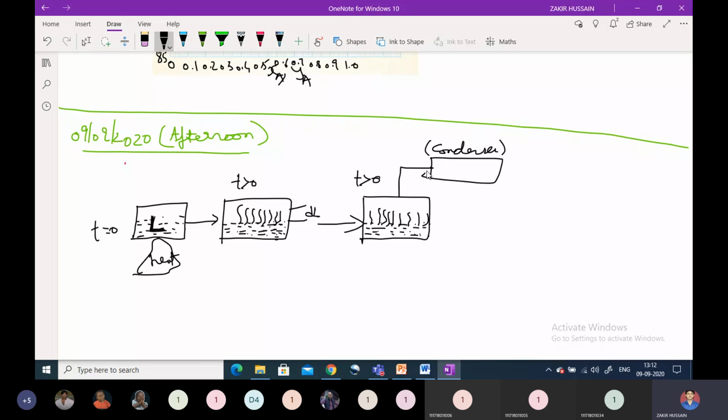Then the overall vapors will be condensed and condensate will be formed. That condensate we denote as a differential amount of distillate, dD. Now apply a material balance or a component balance around the still.